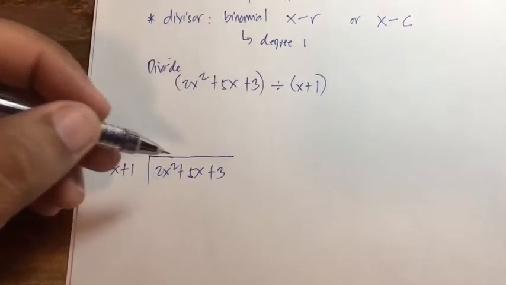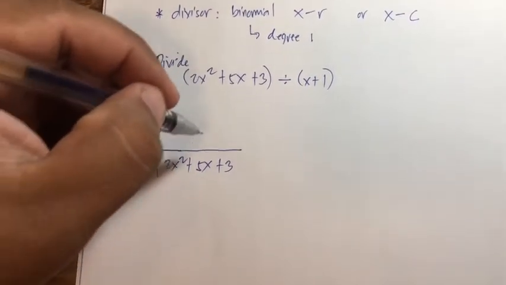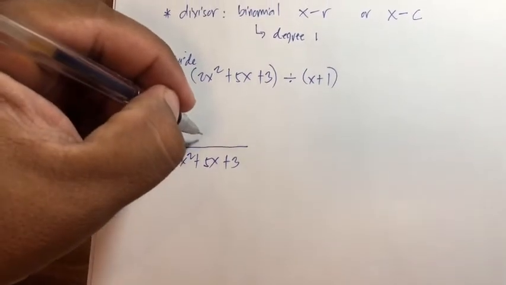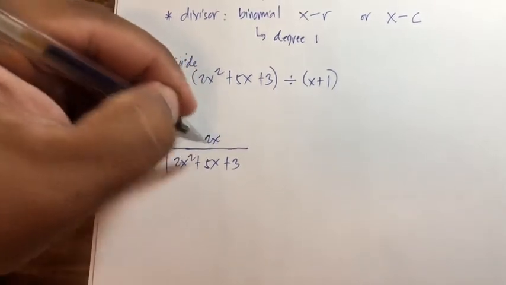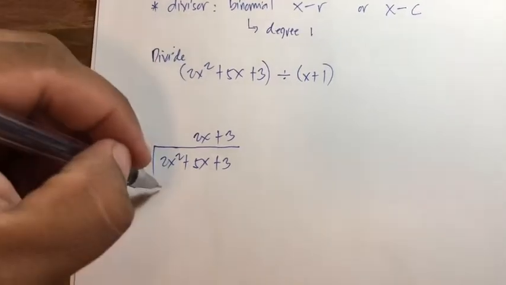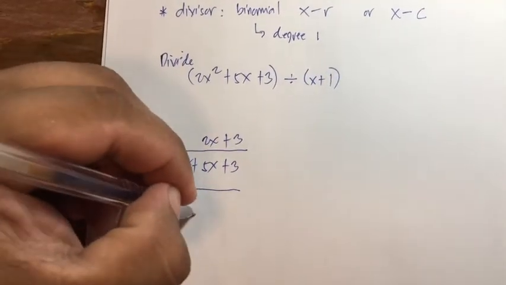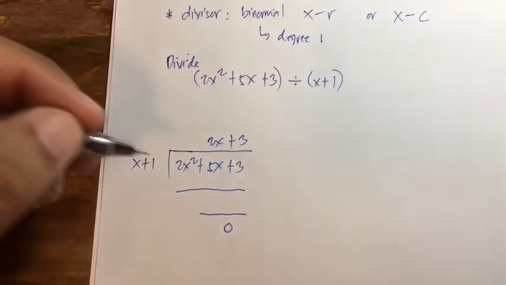After the steps of the long division, our quotient was 2x plus 3, and our remainder is 0.